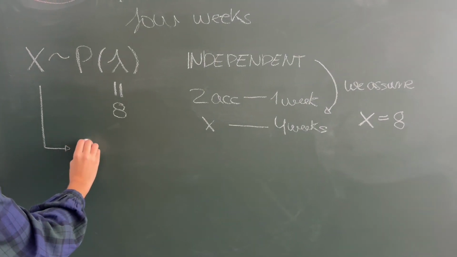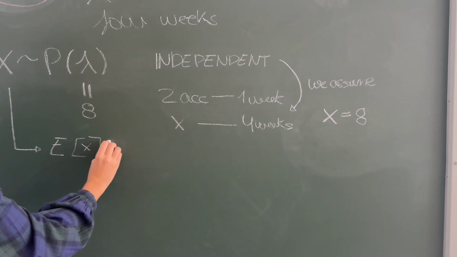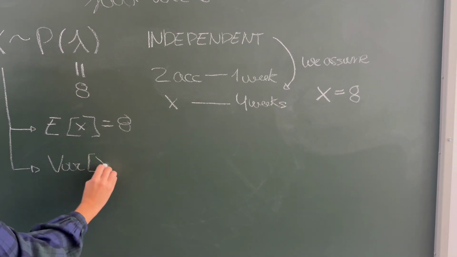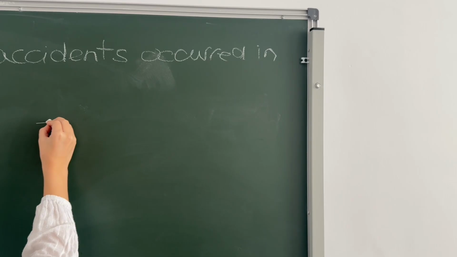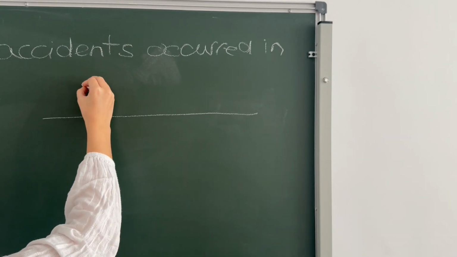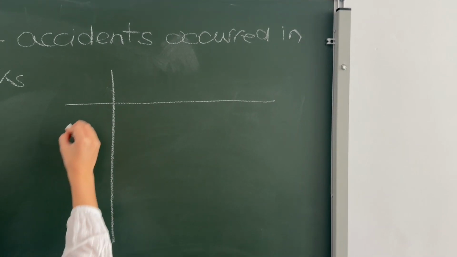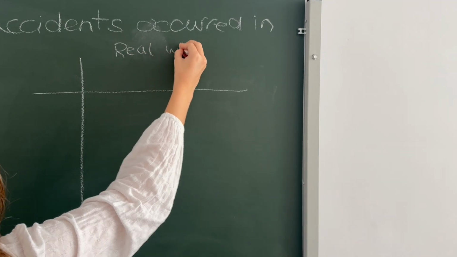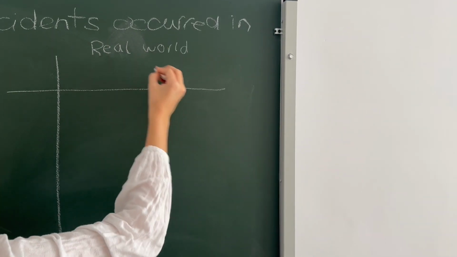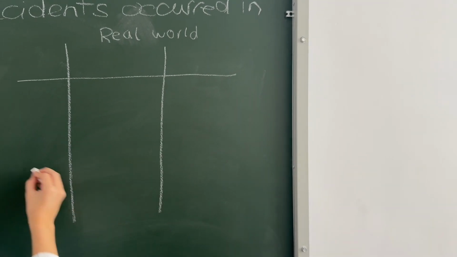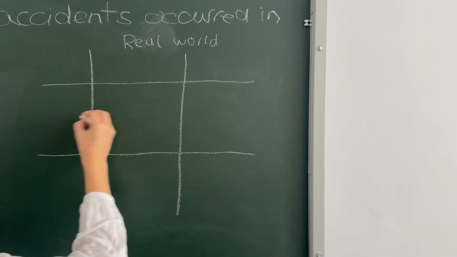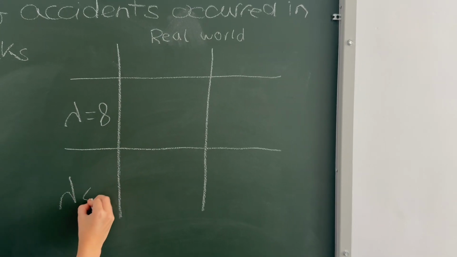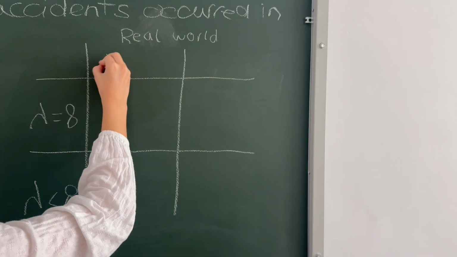We know that in Poisson distributions, the expected value and the variance are equal to lambda, so in this case both are equal to 8. In the exercise, they tell us that they want to have at most a 5% probability of making a mistake in this decision, but we first need to understand what this mistake really means. In this case, the mistake will be assuming that the traffic light has reduced the number of accidents when in the real world it has not been reduced, and the opposite as well.